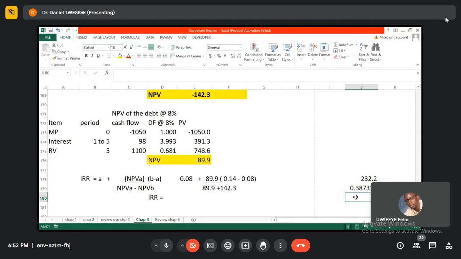10.3%. Okay. So that is what it means at that point. That's going to be your cost of that debt.